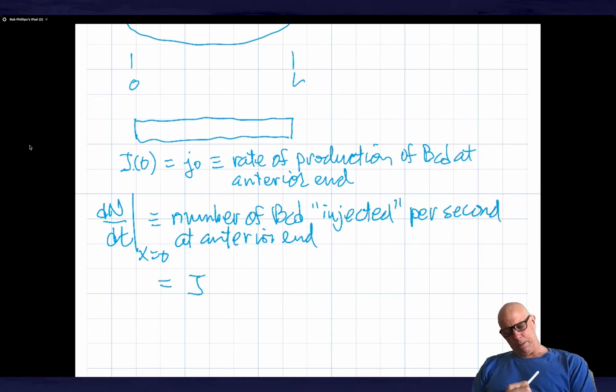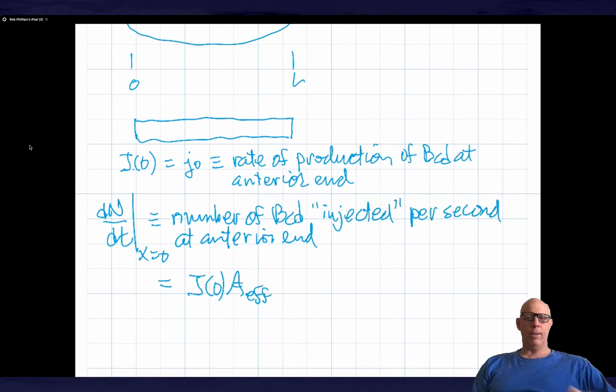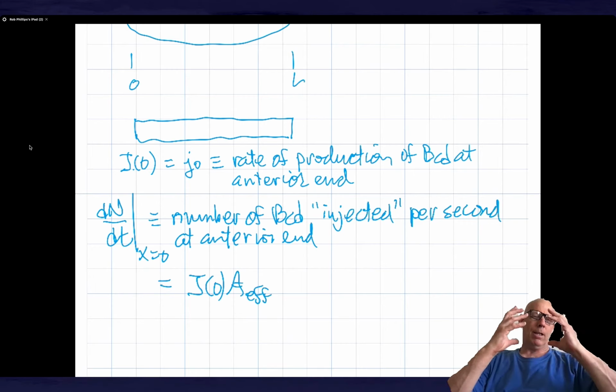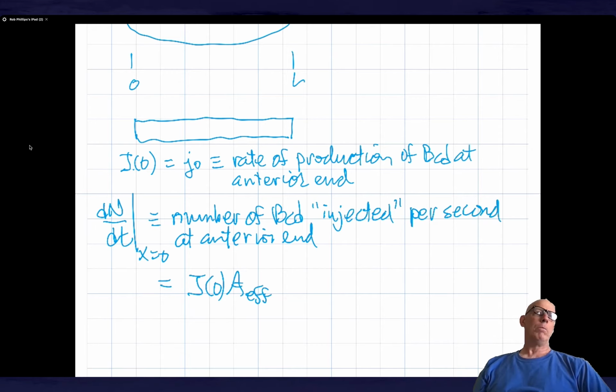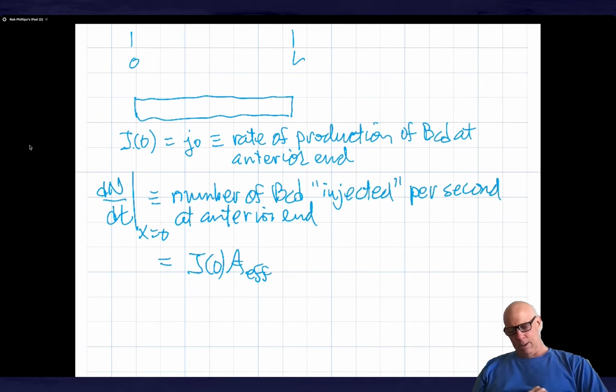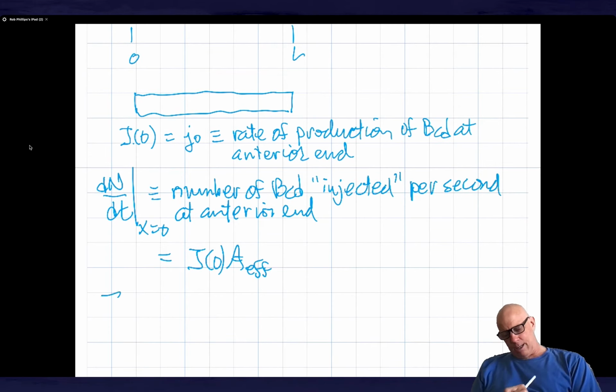That's going to be given by J0, times some effective area. And the reason I'm being a little bit cagey about that is that the embryo is not exactly, you could think of it as football shaped, and so this effective area is a little bit tricky, and I'm not going to belabor that. The other thing that I can say is that J at L is equal to 0.